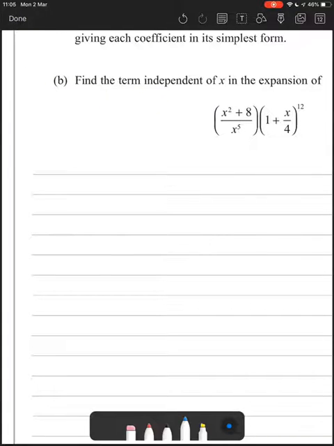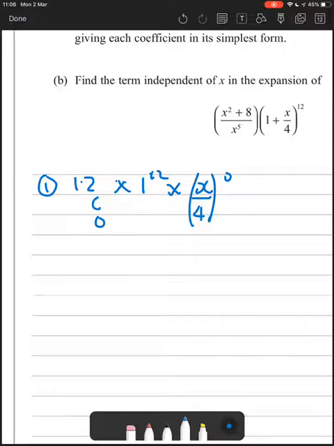So if we have a look at the first term, we can just use our calculator to work out the coefficient here of 12 choose 0, which we know of course would be 1, just from Pascal's triangle, and then we multiply it by 1 to the power of 12 multiplied by the next part of the bracket to the 0.